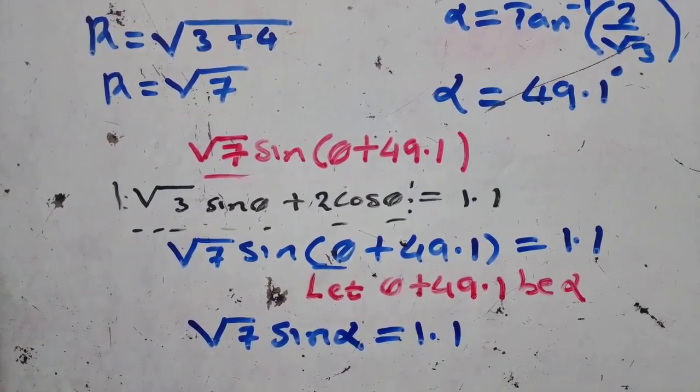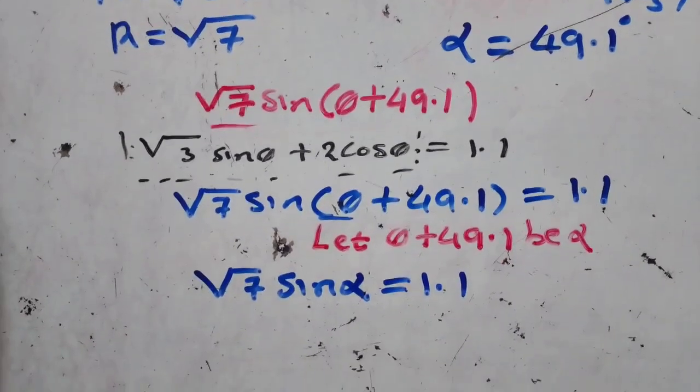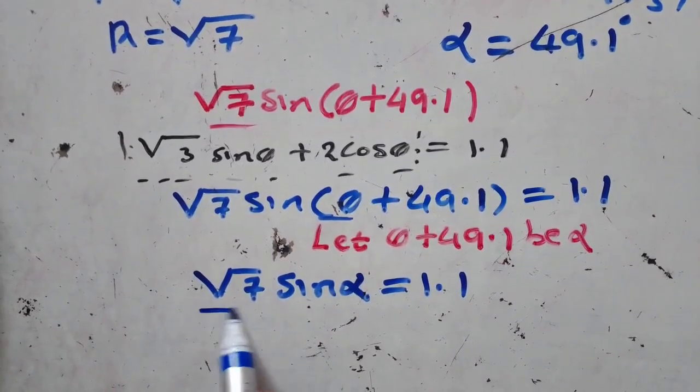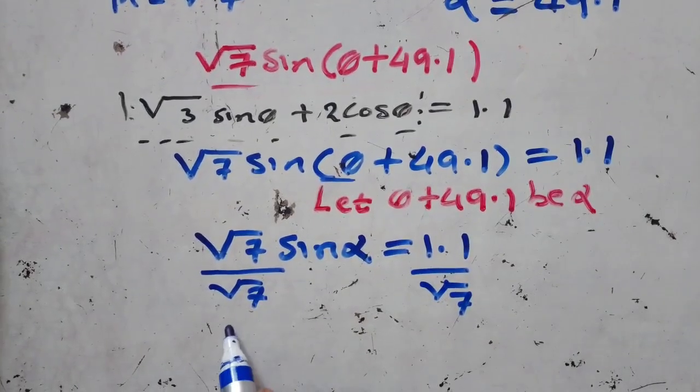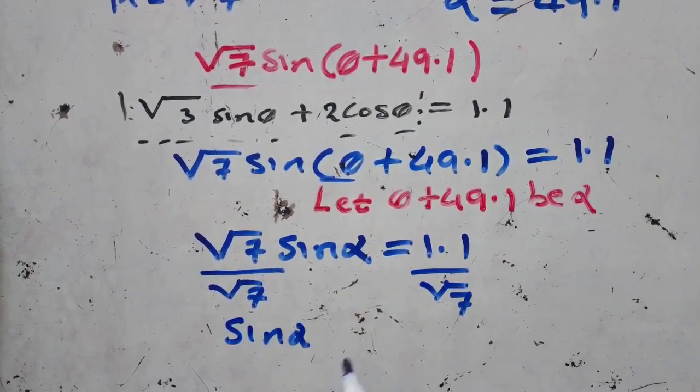Then we divide both sides by root 7, so that we find acute. This will give us sine acute equal to 1.1 divided by root 7.